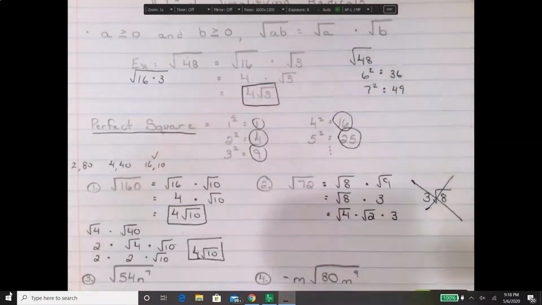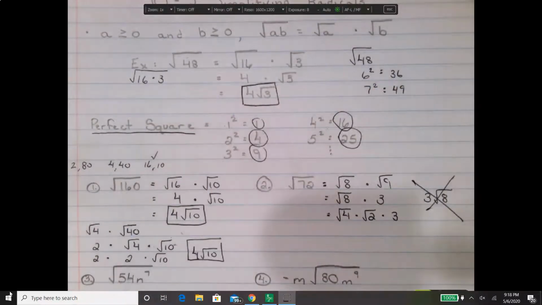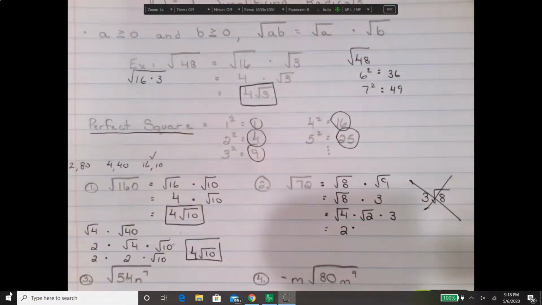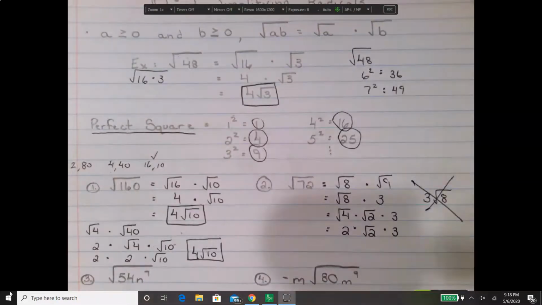Well, I can divide 8 into the square root of 4 times the square root of 2. And I still want to continue with that 3. Now let's simplify. So the square root of 4 gets broken down into a 2, times the square root of 2, which cannot go any further. So square root of 2 times 3.